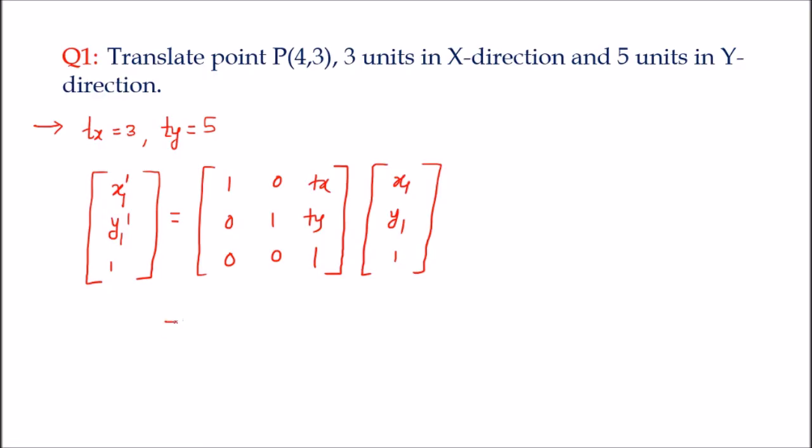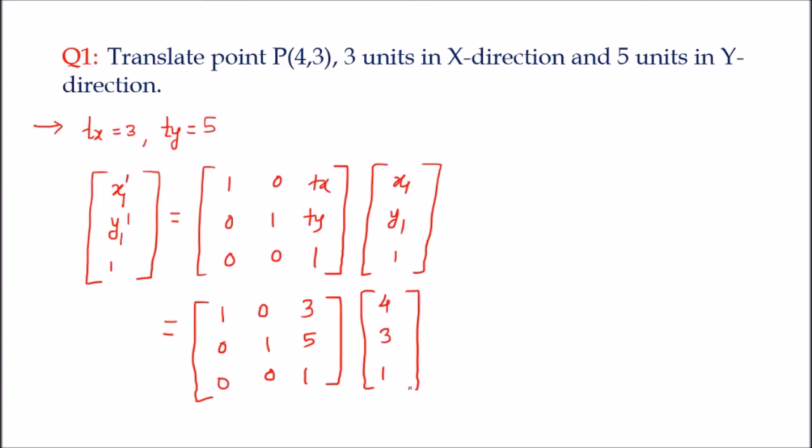Now we'll put the values: 1 0 3, 0 1 5 and 0 0 1, then multiply with the coordinate matrix. The coordinates are 4, 3 and 1.